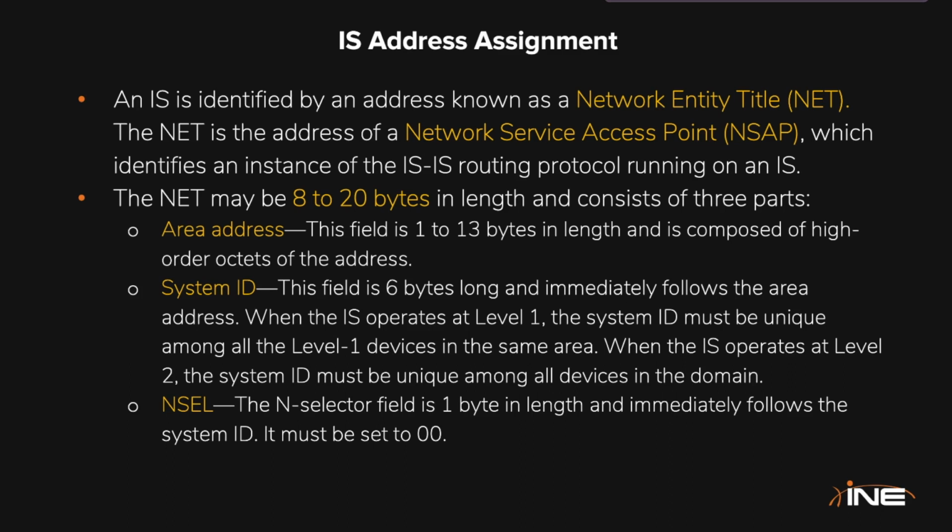But 7 bytes are reserved, 6 bytes for system ID and 1 byte for NSEL. So at minimum, I could have 1 byte for area address, 6 bytes for system ID, and 1 byte for NSEL, totally making it 8 bytes. Or I could have area address as 13 bytes, system ID as 6 bytes, and NSEL as 1 byte, totally making it 20 bytes.